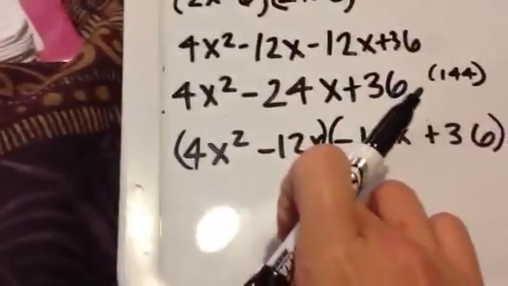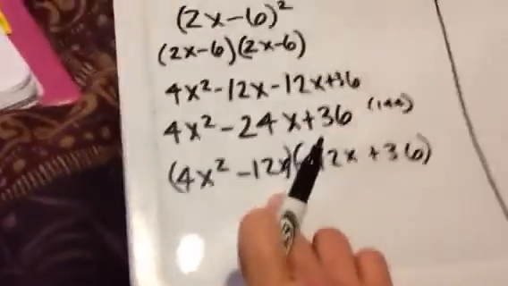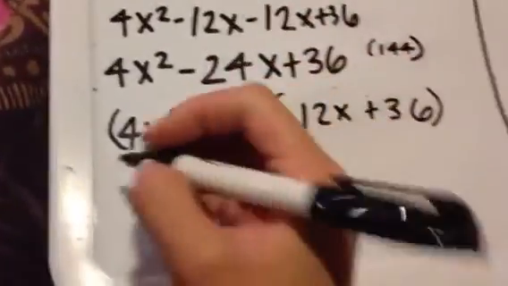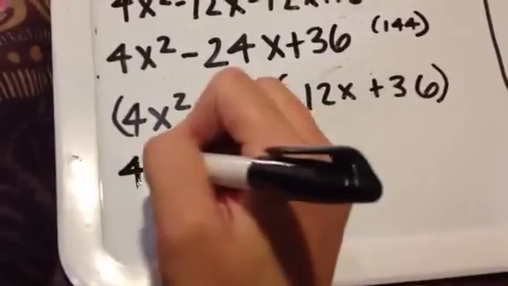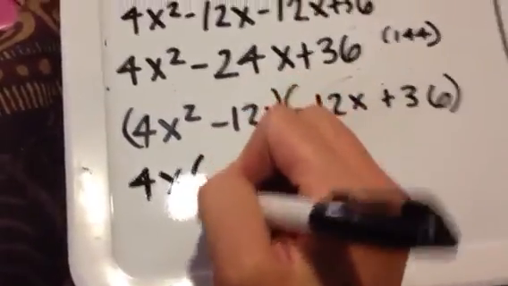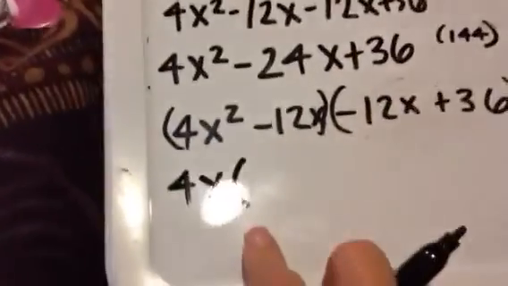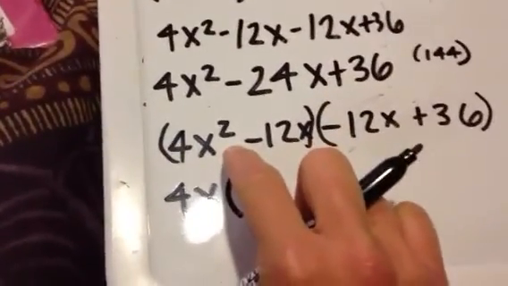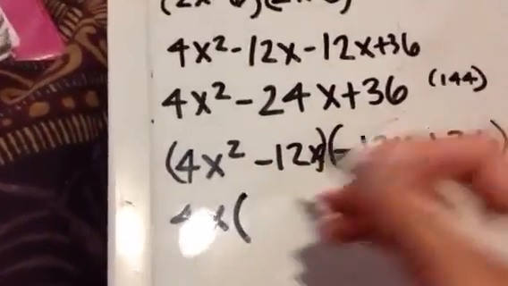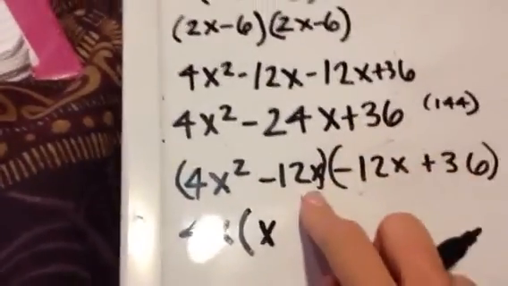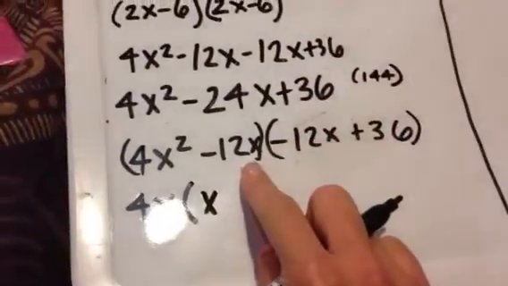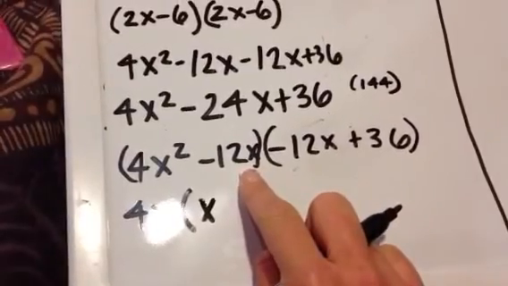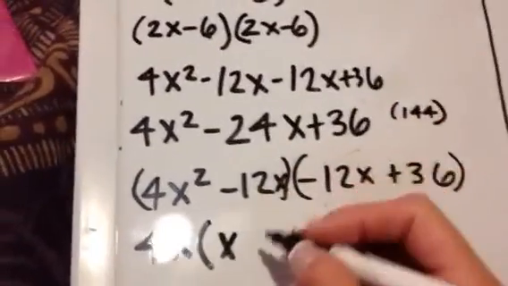From this set, you can pull out a 4x, which would leave you with, to equal 4x squared from this set, you would need another x, and to equal a negative 12x, you would need a negative 3.